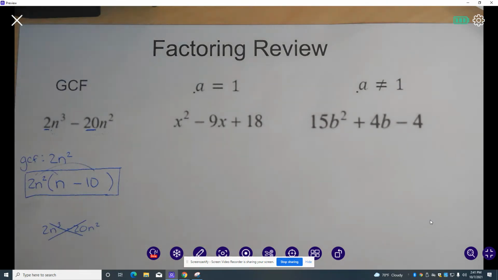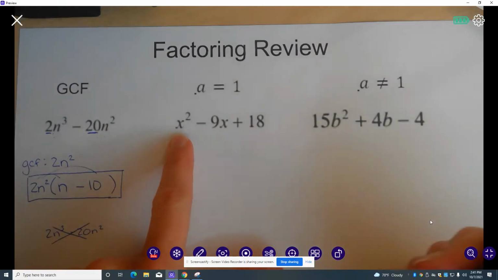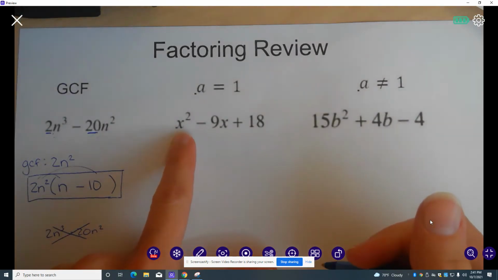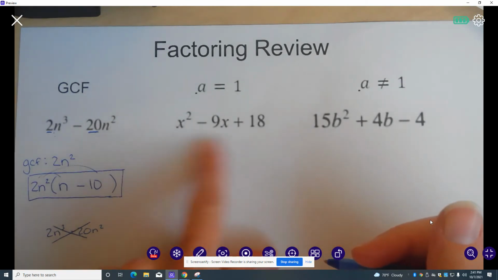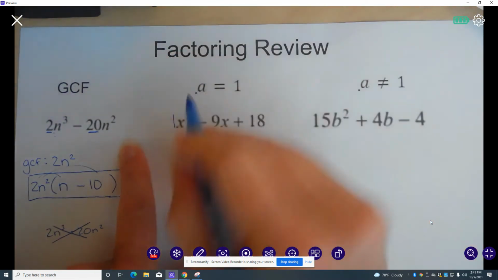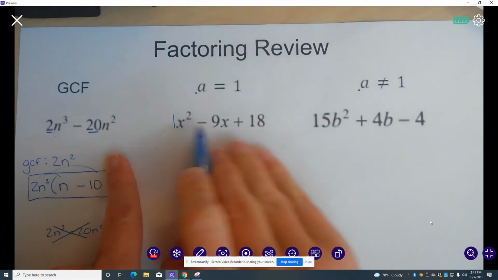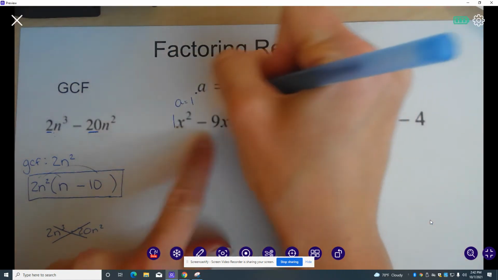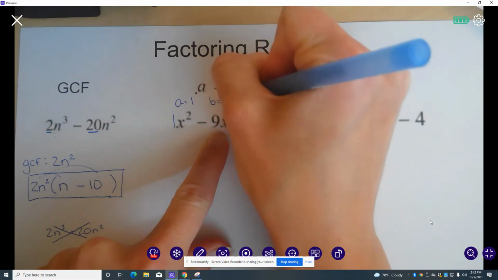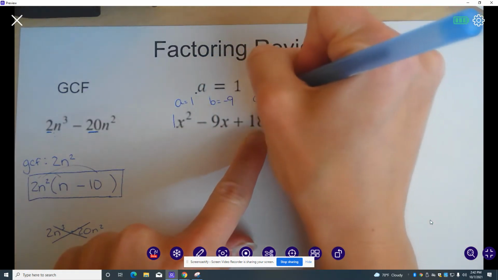And so we're going to practice doing that here. The first thing you want to do is identify A, B, and C. Remember, this is a quadratic, so A, B, and C are taken from your coefficients here. So A is equal to 1, B is equal to negative 9, and C is equal to 18.